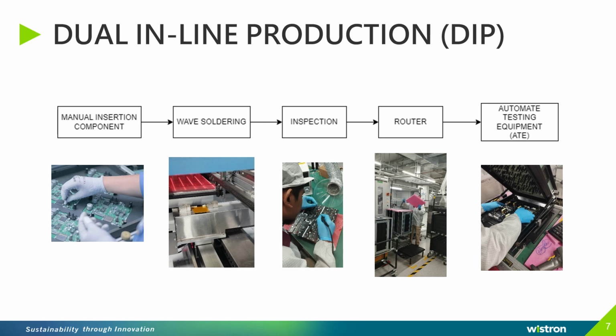So in dual inline production, which is this section, we have manual insertion of components, the wave soldering process, inspection, the proto process, and the last one is the automatic test equipment, which is the ATE test. So in the DIP section, we need to go through all the processes before we go to the SA section.